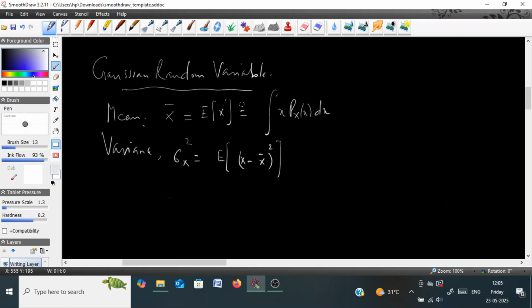Okay, and we have seen how we can compute the mean and the variance if the probability density function of the random variable is given to you.